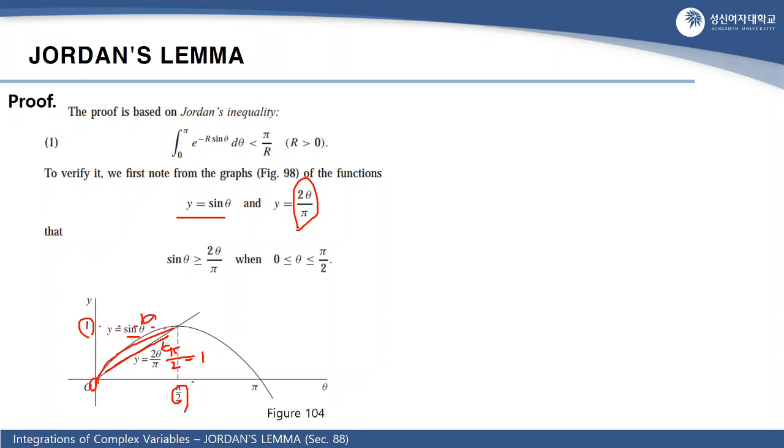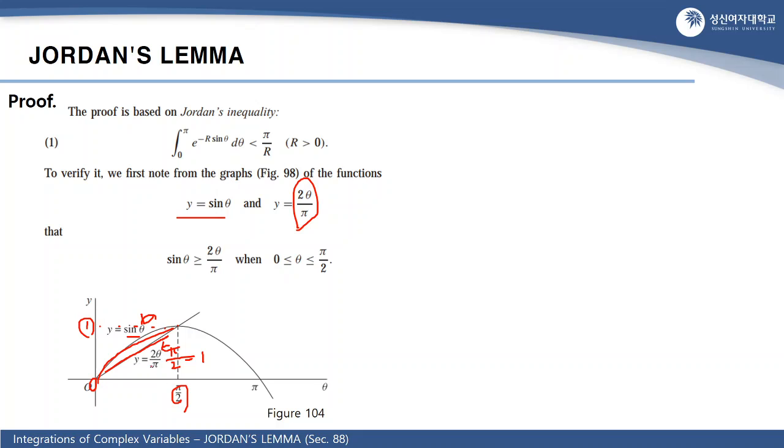This is important because it means that negative exponential of capital R times sine theta is less than or equal to the negative exponential of capital R times 2 theta over pi, where capital R is obviously a positive constant, because it is the radius of the semicircle.